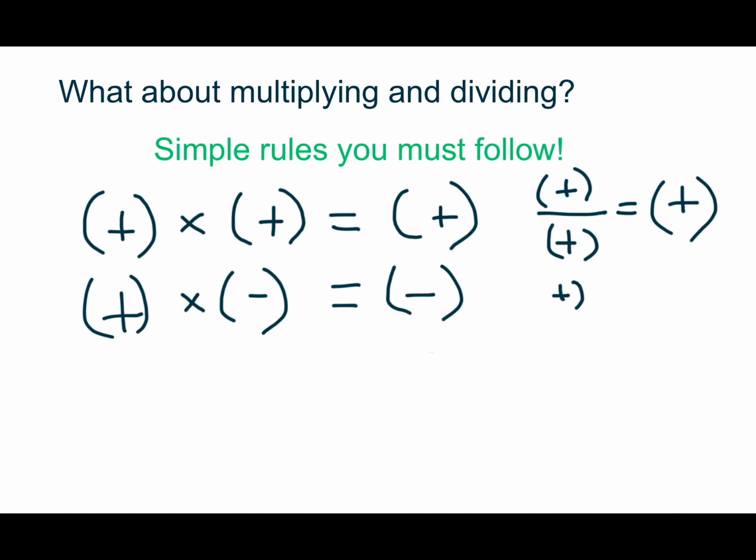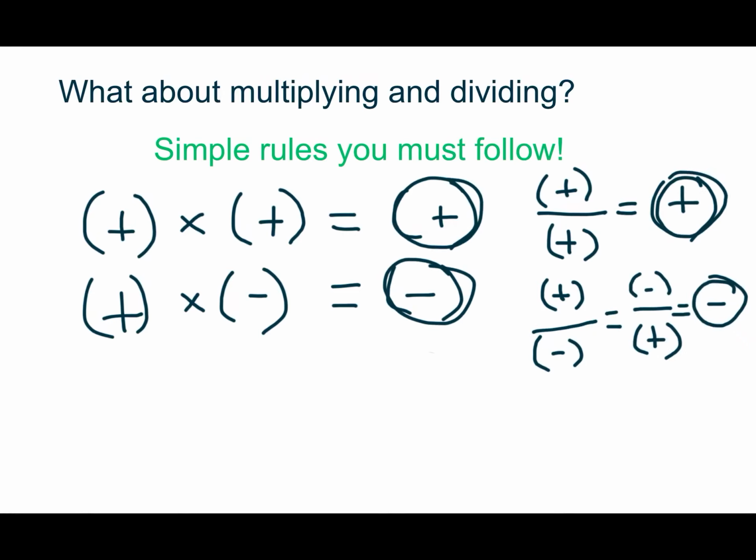And then a positive number divided by a negative number, or a negative number divided by a positive number, is going to equal negative. So if we have even one negative in our equation, and actually only just one, we are going to end up with a negative number.